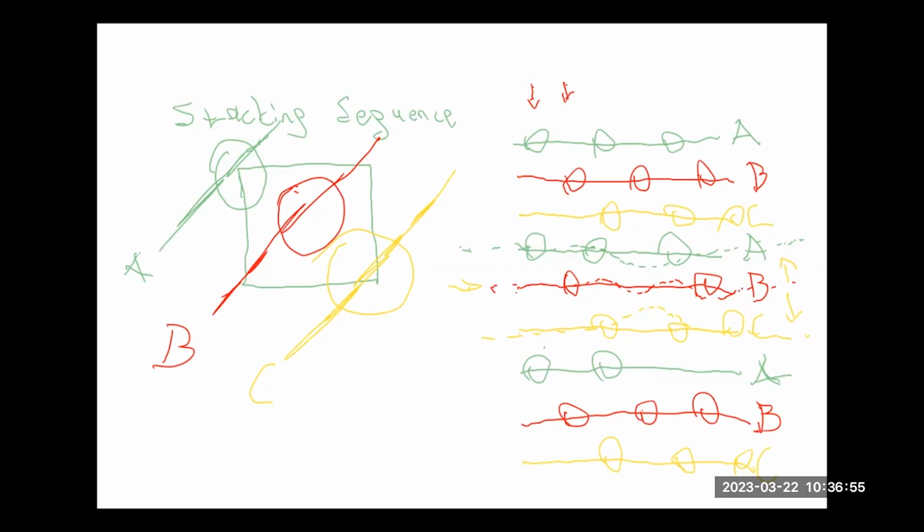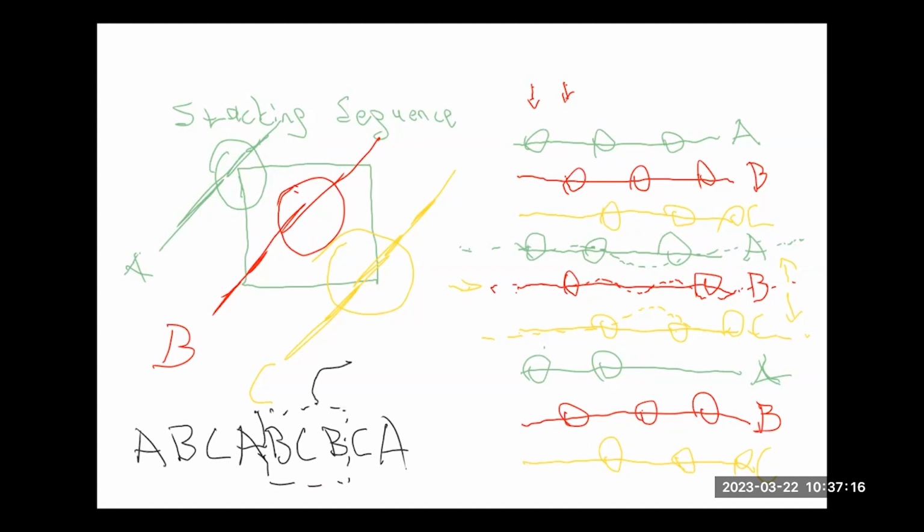So if the stacking sequence changes from ABC to BCA, we have a stacking fault at this particular point. And stacking fault is inversely proportional with stacking fault energy.